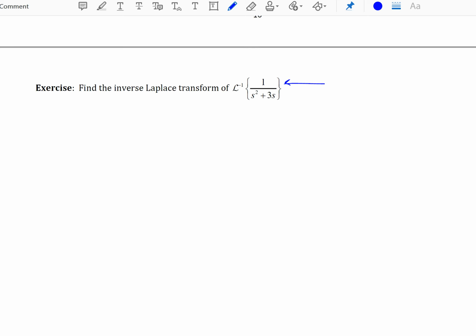is notice that this first one here, the denominator is factorable. So I could write 1 over s squared plus 3s as 1 over s times s plus 3.